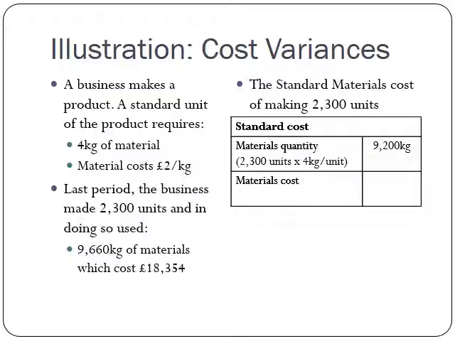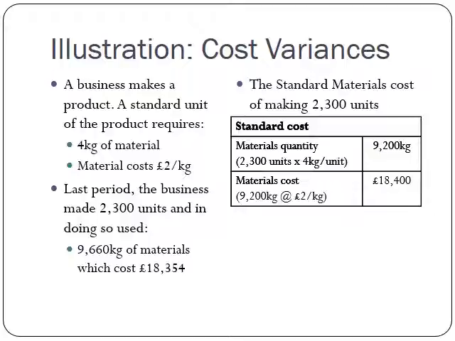Next, we can work out how much those 9,200 kilograms should have cost. The standard cost is £2 per kilogram, so those 9,200 kilograms should have cost us £18,400.